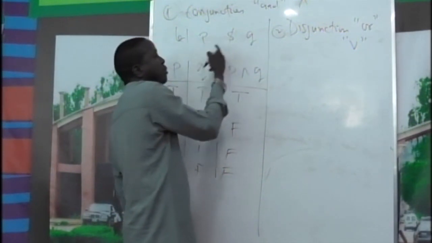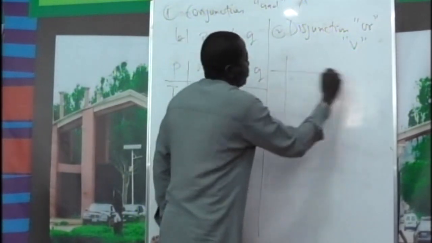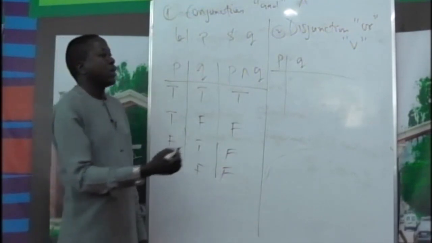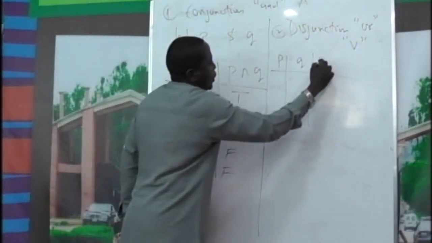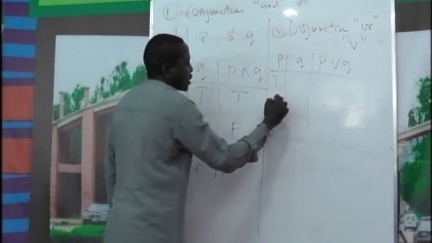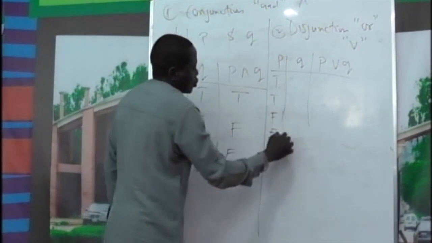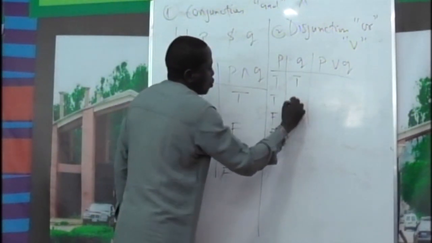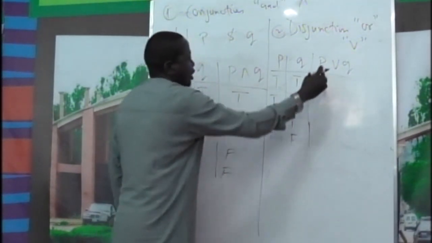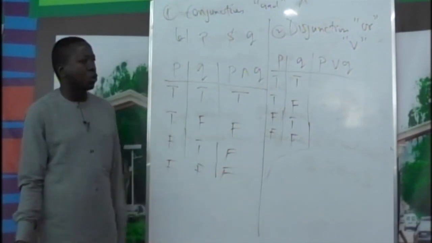We are adding two statements, P and Q. Now I have this P, Q. We are to find P or Q. Remember I told you this place is constant, true, true, and here, false, false. And this place, 1 true, 1 false, 1 true, 1 false. We are to find P or Q. How do we go?